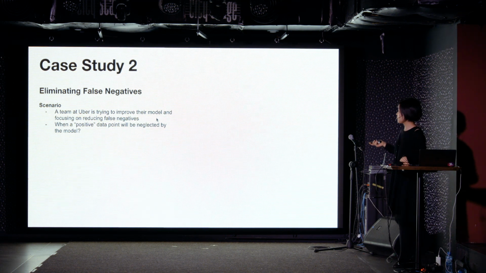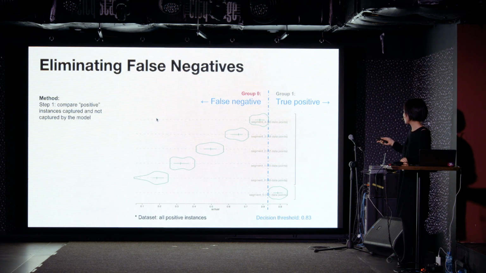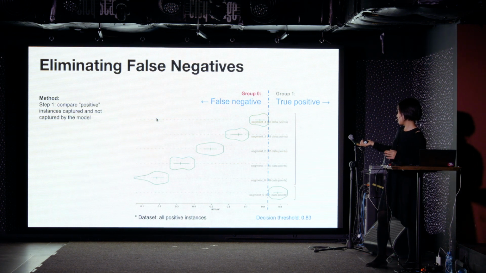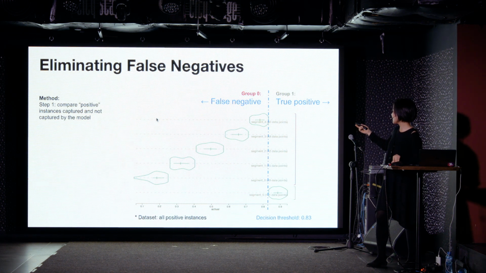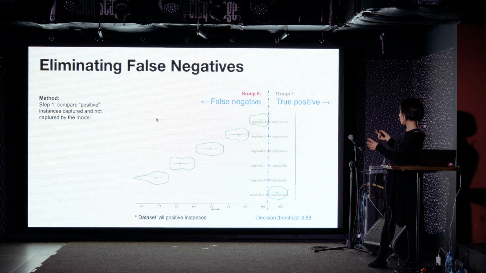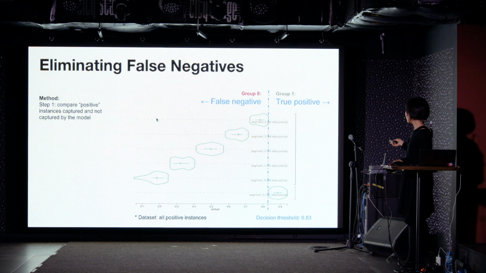They ask the question of when a positive data point can be neglected by a model. The method is that first, they compared all the positive instances that are captured and not captured by this model.